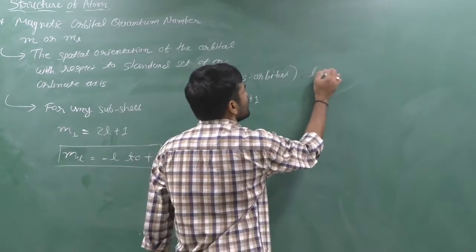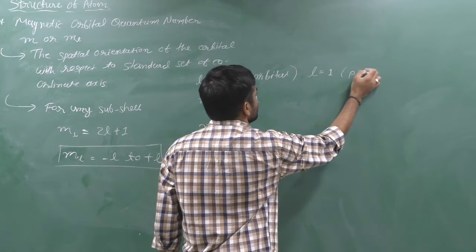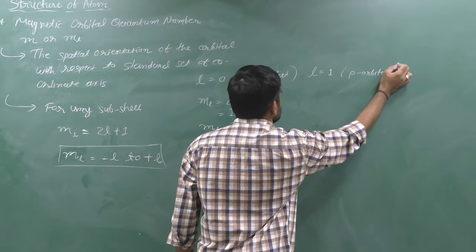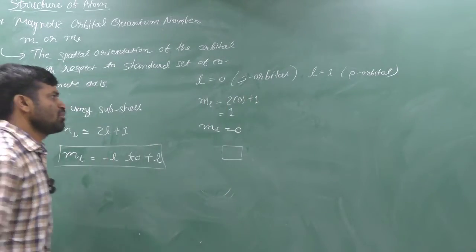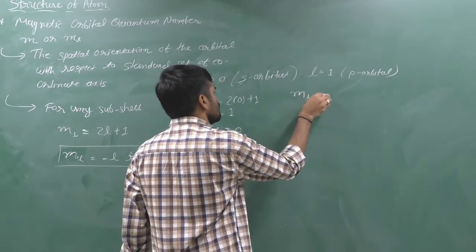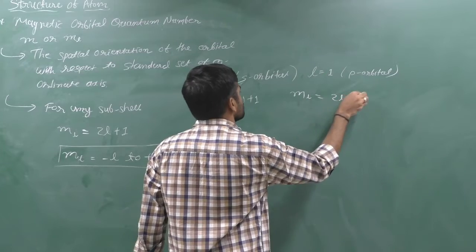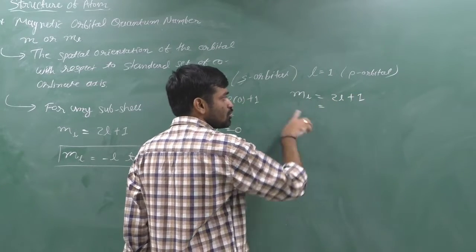Suppose L is equal to 1 for the p orbital. Therefore the magnetic quantum number has 2L plus 1 values.